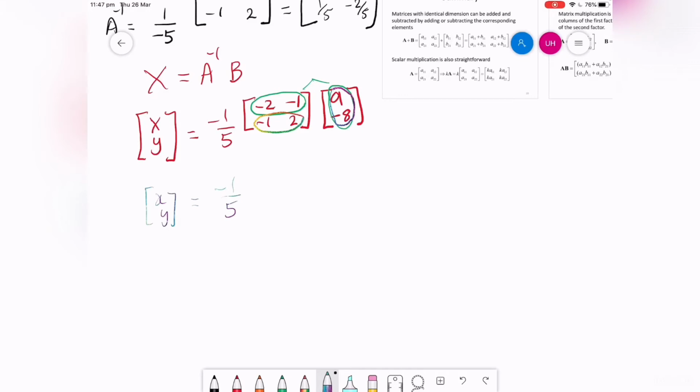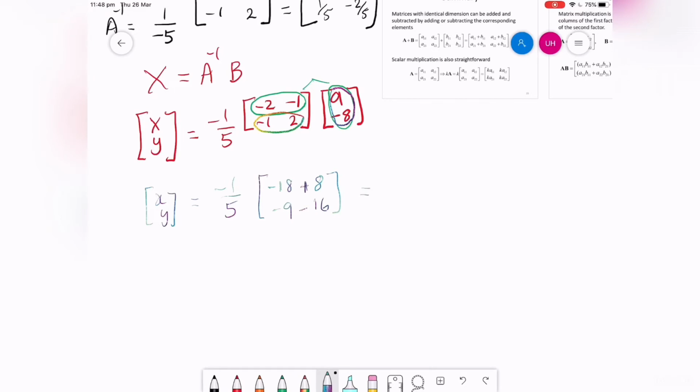Then minus 2 times 9 is minus 18, plus minus 1 times minus 8, which is plus 8. For the second value, minus 1 times 9 is minus 9, plus 2 times minus 8, which is minus 16.